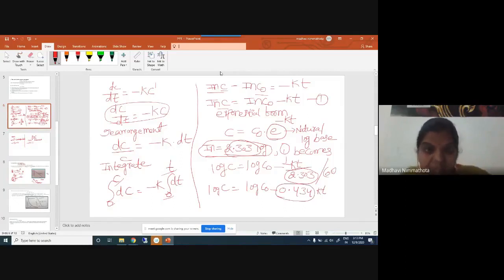While I am explaining, it is very easy; after that, it is tough. Log C equals log C0 minus kt by 2.303, so instead of writing kt divided by 2.303, you can write 0.434 into kt, where 1 divided by 2.303 is 0.434.